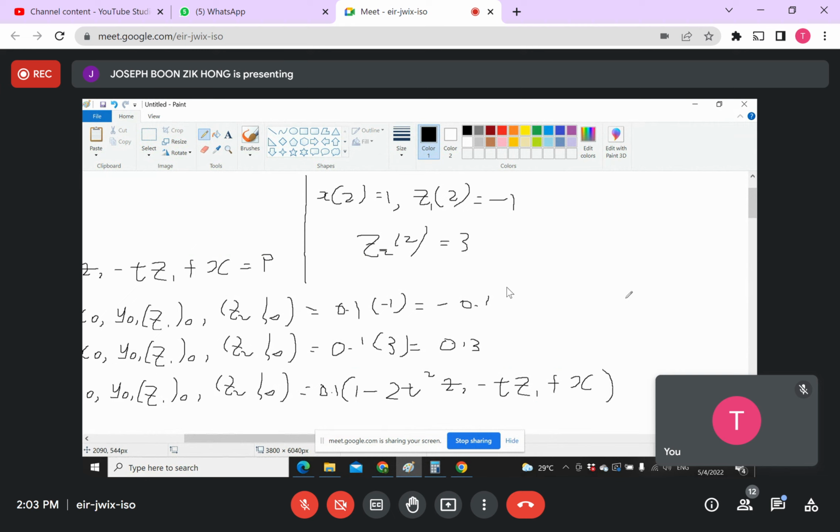What is our T naught? Our T naught is 2, so this one will become 2. Then Z2 naught is 3, so I change this one to 3.